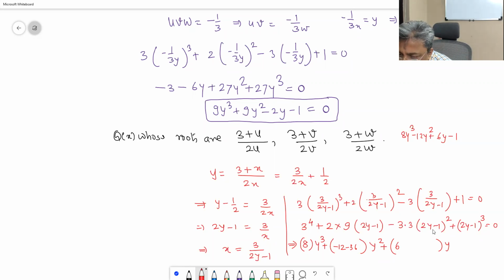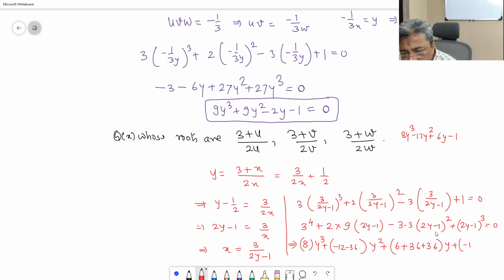Here the middle term will be y with minus 4y, and this is minus now 36, so plus 36. And what is the coefficient of y here? Now 36 again, correct? Plus constant minus 1 here.